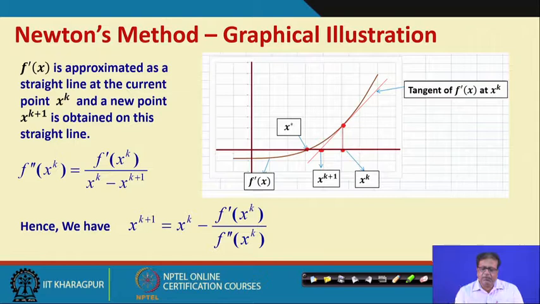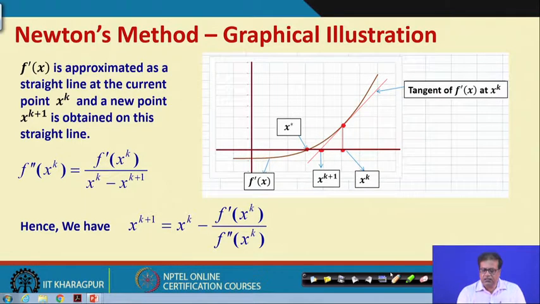So, supposing we plot f dash x. This side is x and this side is the function, that is f dash x, right. So, let us say this is our plot.